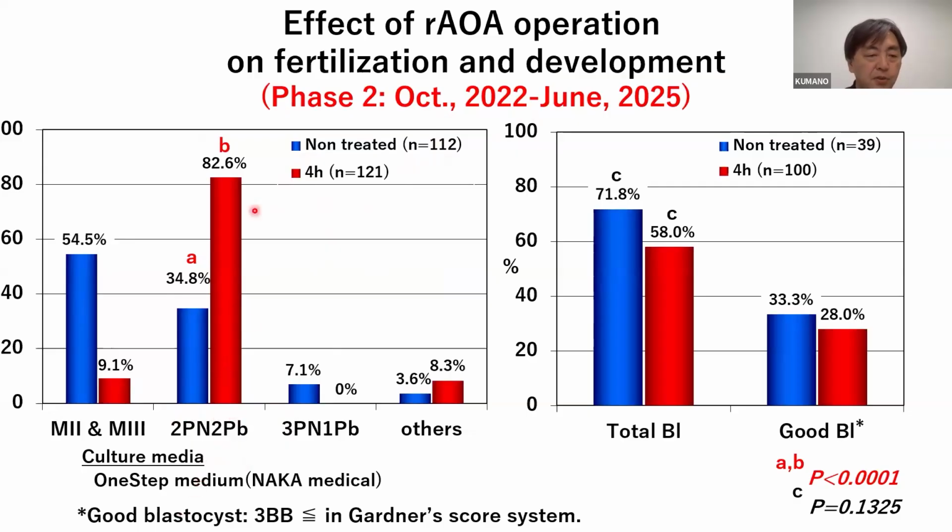However, the proportion of normal fertilization was significantly higher in the ionomycin treatment group. Furthermore, when compared for blastocyst developmental potential, there was no significant difference in total blastocyst rate and good morphological blastocyst rate.